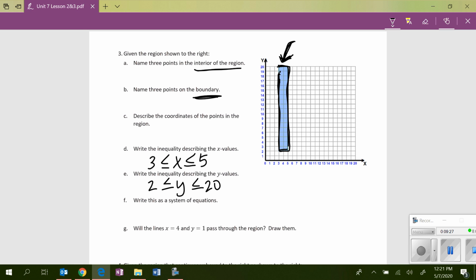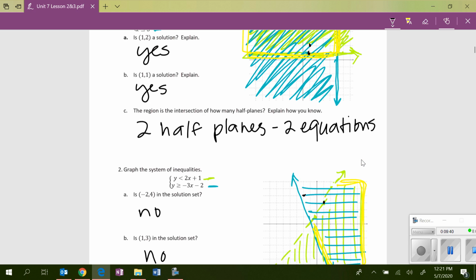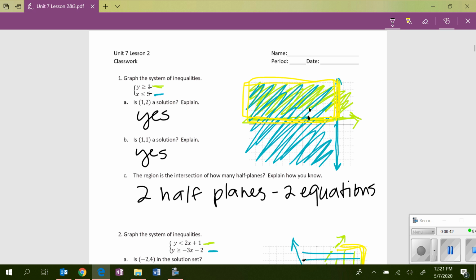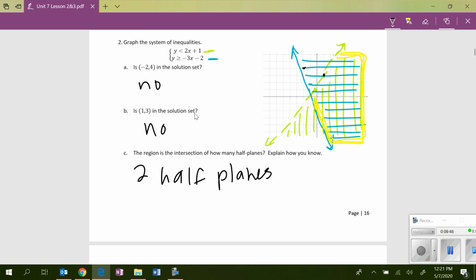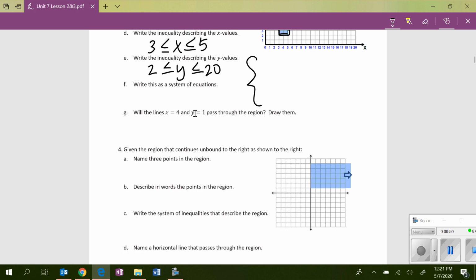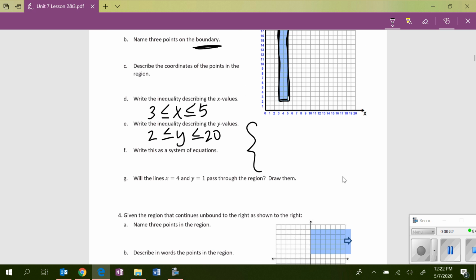So writing in systems of equations, we're actually going to have 4 equations. If you remember from this first part, we only have y is greater than, or y is less than, or x is greater than, x is less than. We don't have those compounded inequalities.